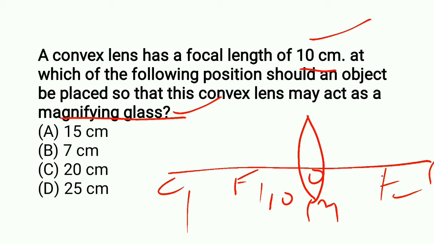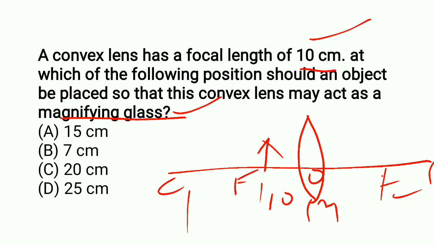Right? So here this lens should act as a magnifying glass, which means the object should be kept in between the focus and the optic center, in order to act as a magnifying glass. And here the convex lens is going to produce the virtual and erect image when the object is kept between optic center and the focus.